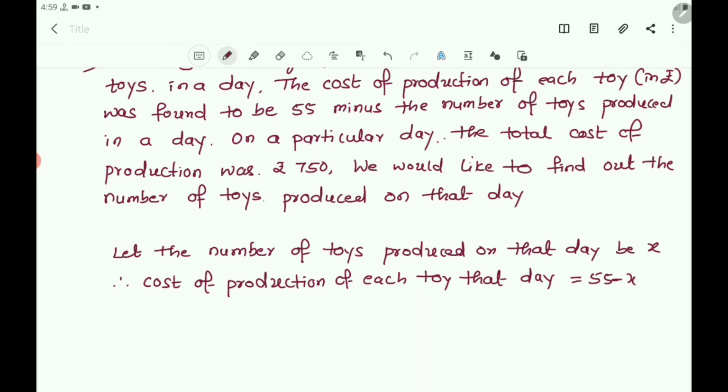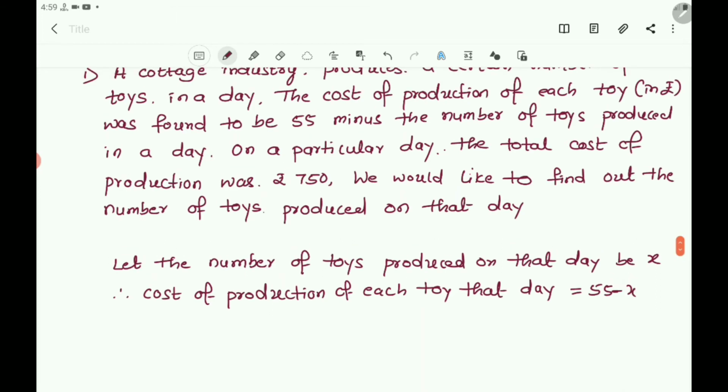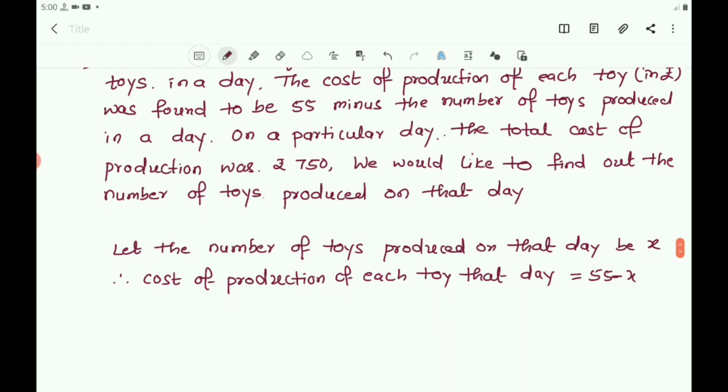It is given that the cost of production of each toy was found to be 55 minus the number of toys. So that must be equal to 55 minus x, as x is the number of toys.